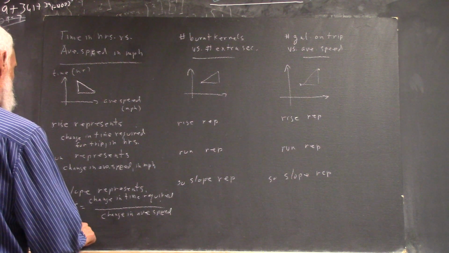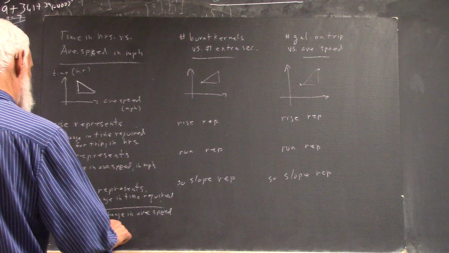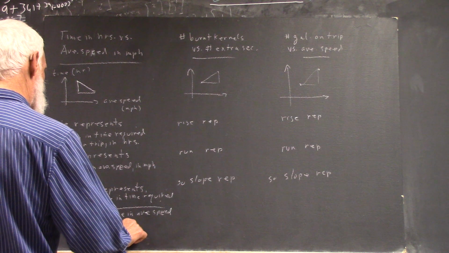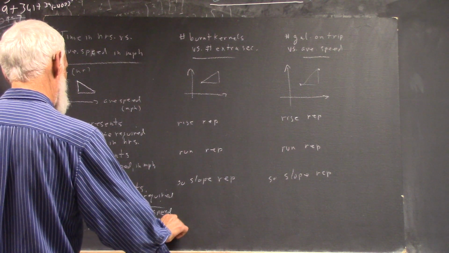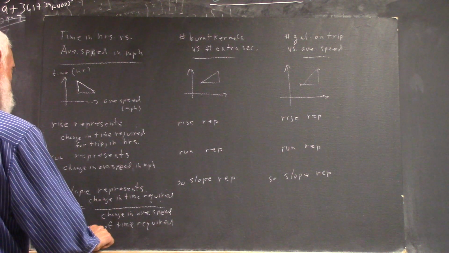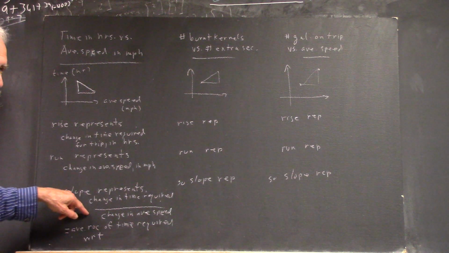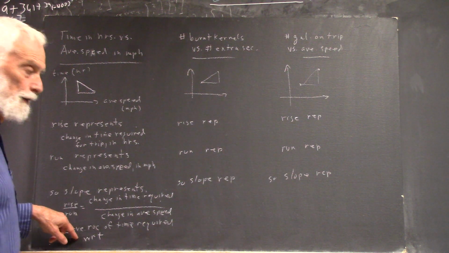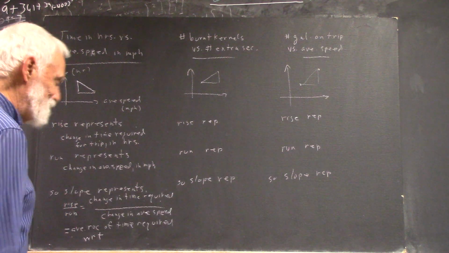And then this is the average rate of change of the time required with respect to, and I hope your version of ROC stands for rate of change and WRT for with respect to, because this gets written out a lot. Okay?